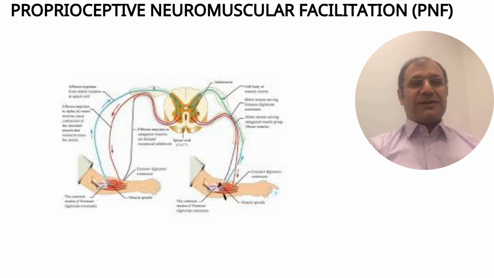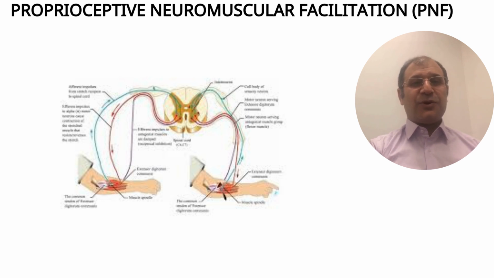Sensory signals are sent to the spinal cord, where they synapse with motor neurons that cause the same muscle to contract. At the same time, the antagonist muscle is inhibited via reciprocal inhibition. In PNF, the stretch reflex is used to facilitate muscle activation. For example, a quick stretch applied to the quadriceps during gait training can facilitate knee extension.